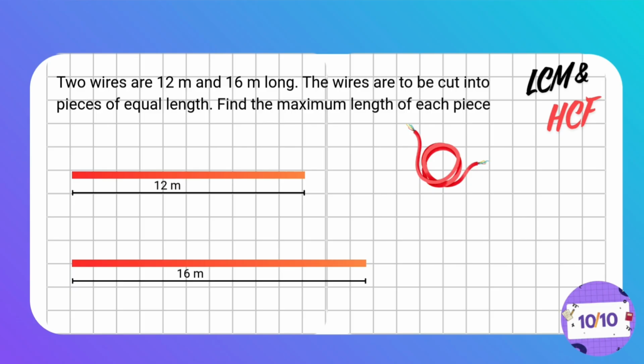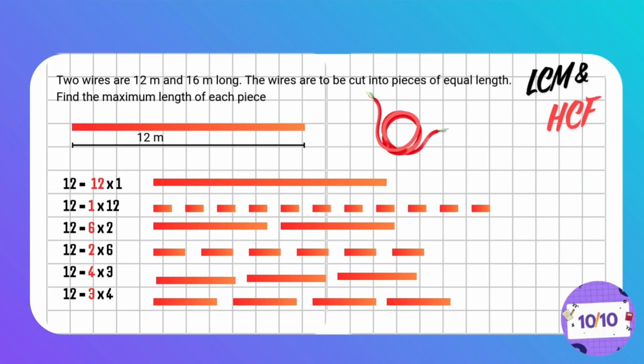We need to find the maximum length of each piece possible. So let's see the different cases where we can divide. How can we divide the 12-meter wire into different pieces? In the first case, we consider the factors of 12. What are the factors of 12?